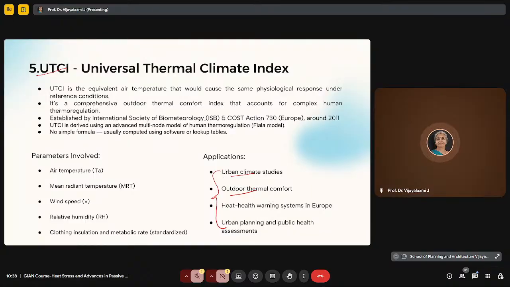UTCI is the equivalent air temperature that would cause the same physiological response under reference conditions. It's a comprehensive outdoor thermal comfort index which uses air temperature, mean radiant temperature, wind speed, relative humidity, clothing standard and metabolic rate.